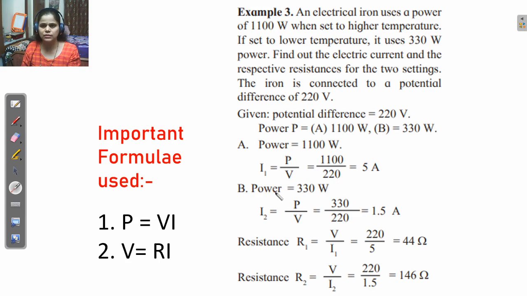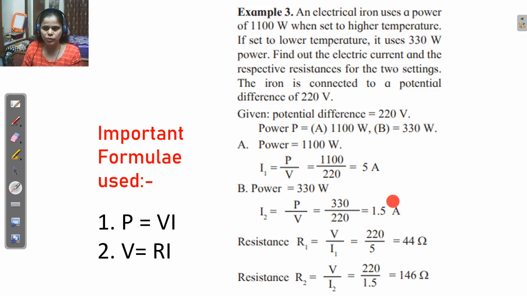Then second case, when the temperature is lower, then power is given 330 watt. Then I2, let's consider in this case the current flow is I2. So I2 equals to P upon V. Put the values 330 upon 220. The value of P is 330 in second case. So we get 1.5 ampere.